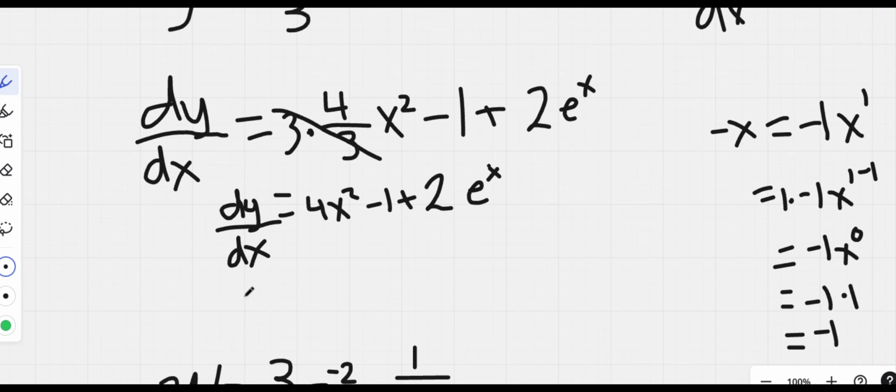Our second derivative, we're going to apply the same principle. 2 times 4 is 8, so it's going to be 8x. This is going to go to 0, because it's a constant, plus 2e to the x.